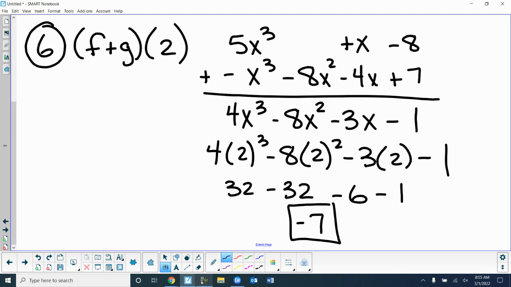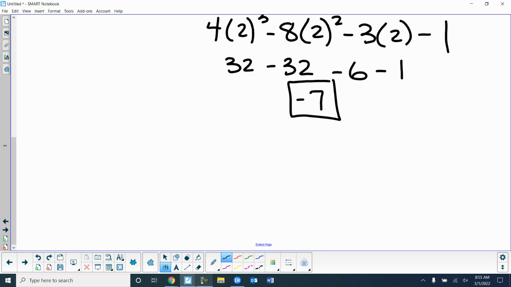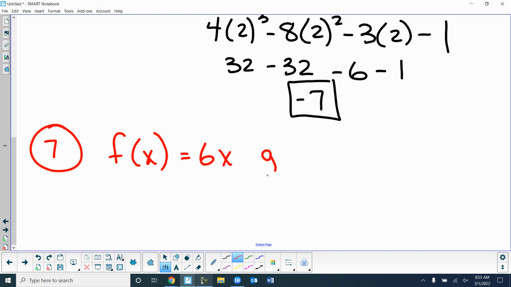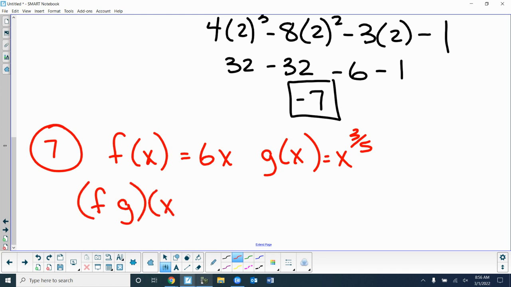All right. Number 7. Now they gave us two different functions. So we got f of x this time was 6x, and g of x this time is x to the 3/5. And we're supposed to do fg of x. Well, what's fg mean?